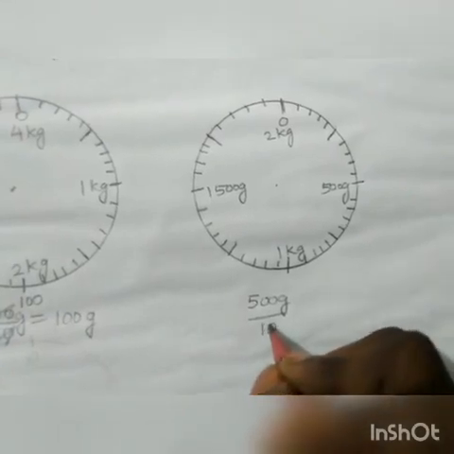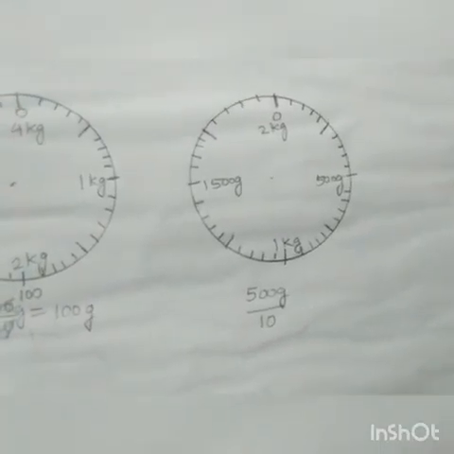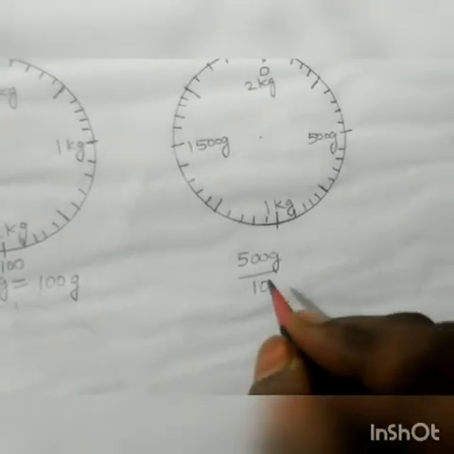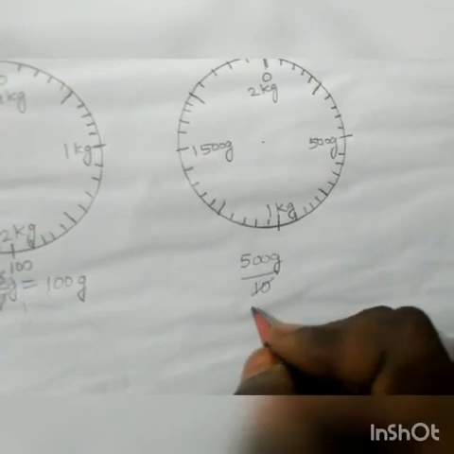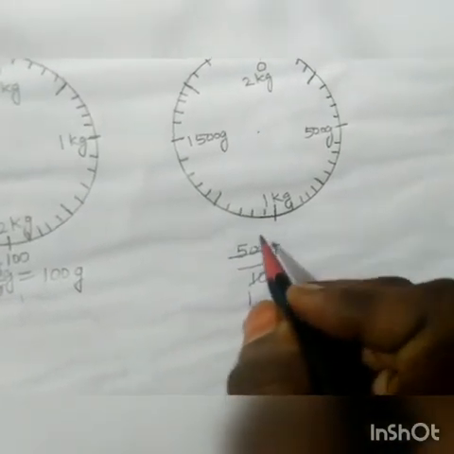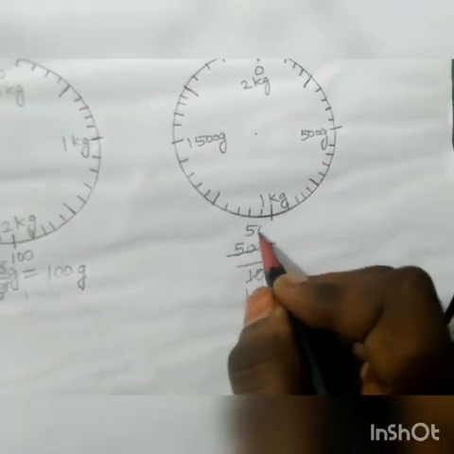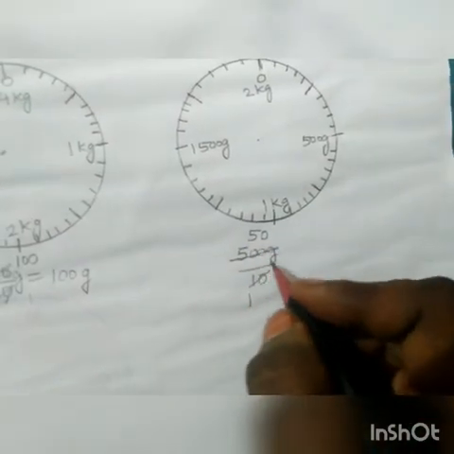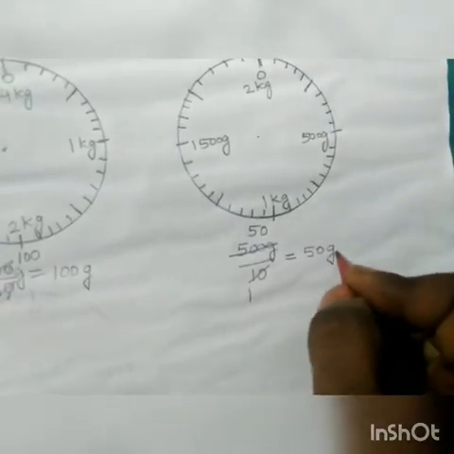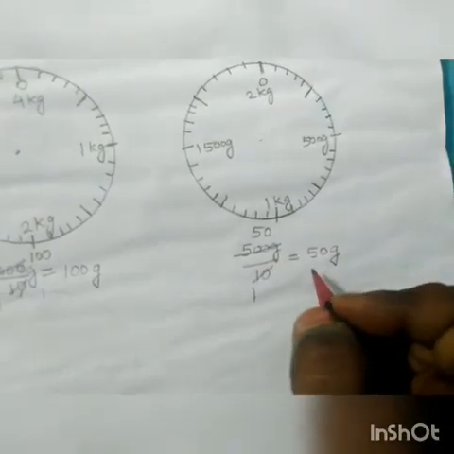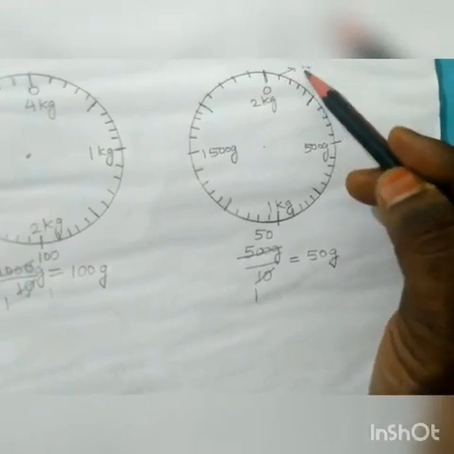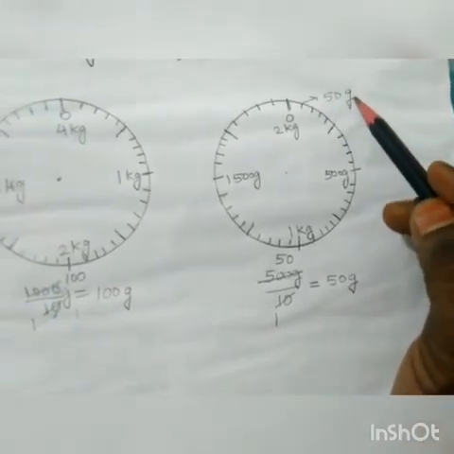Okay children, if you divide 500 gram by 10, use the 10 table. 10 ones are 10. How many times will we get 500 using the 10 table? 50 tens are 500. So we will get the answer as 50 gram after dividing 500 gram by 10. So each line represents 50 gram over here.